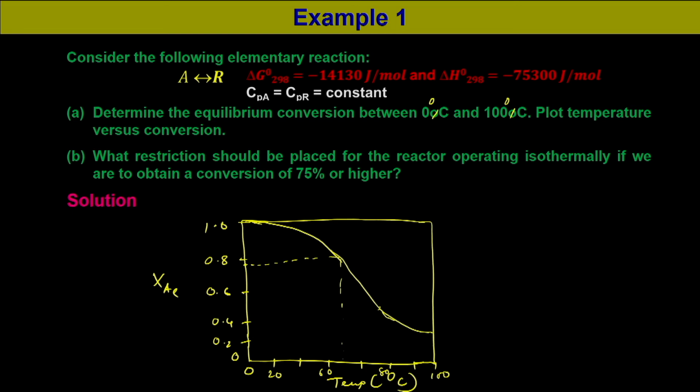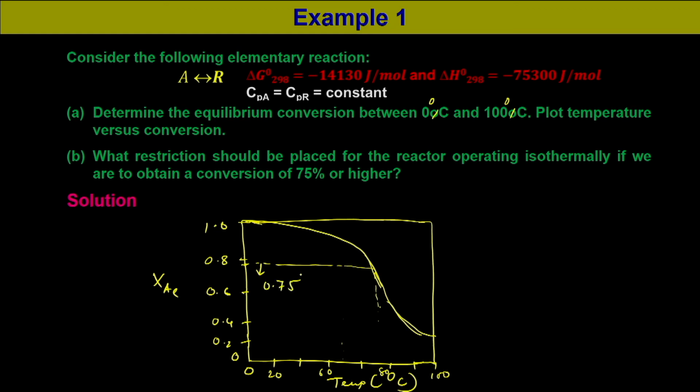so if we go from here to here and come down. So, this temperature is about equilibrium conversion at this 75%.